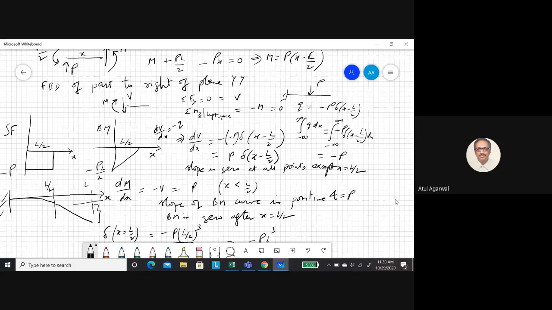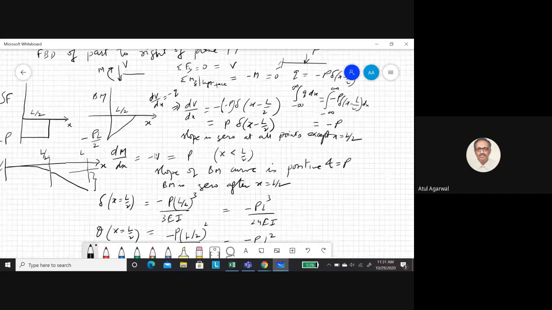Now also you see this was another equation I had derived. Slope of the bending moment is minus V. So value of V is minus P. It is equal to P between x equal to L by 2. So you see here this slope is equal to P up to L by 2, and after that it is 0.